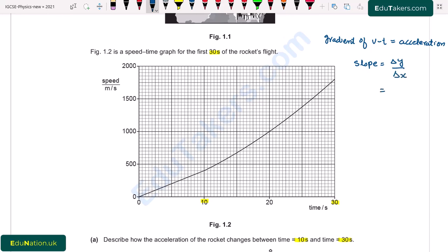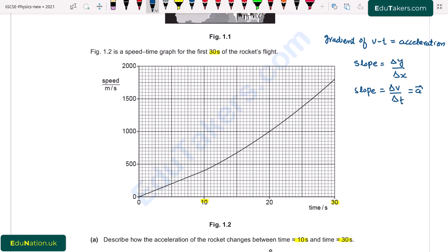Here delta y is actually change in speed, so I write delta v divided by, on x-axis we have taken time, delta t. The slope of this graph is equal to delta v over delta t, and it is equal to acceleration.